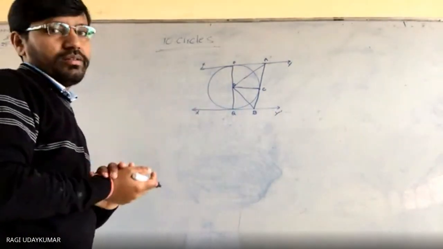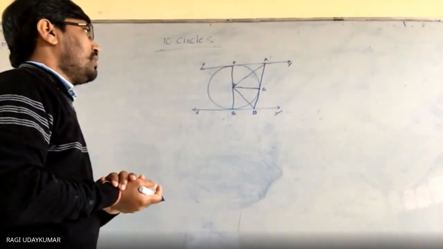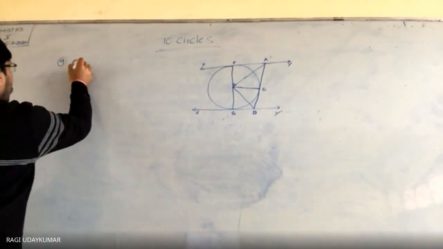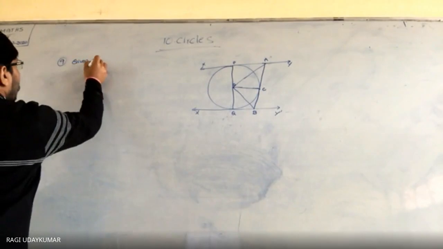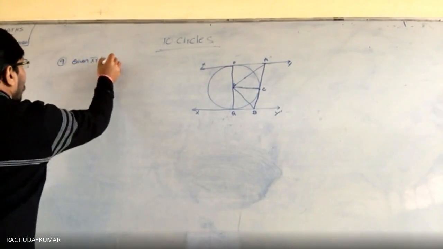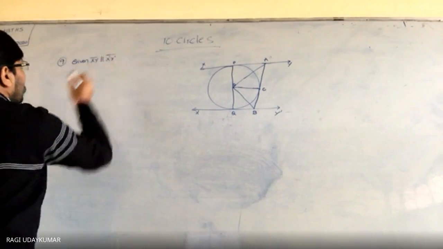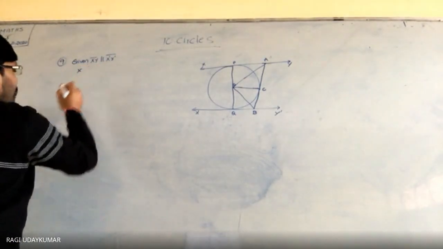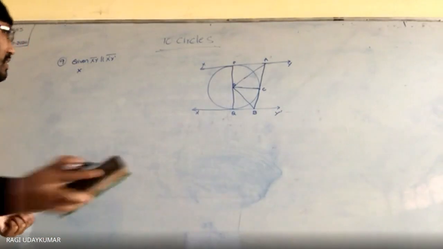O to C join करना. After joining these two, here given XY is parallel to X dash Y dash line. P and Q are the point of contacts, that's you know.